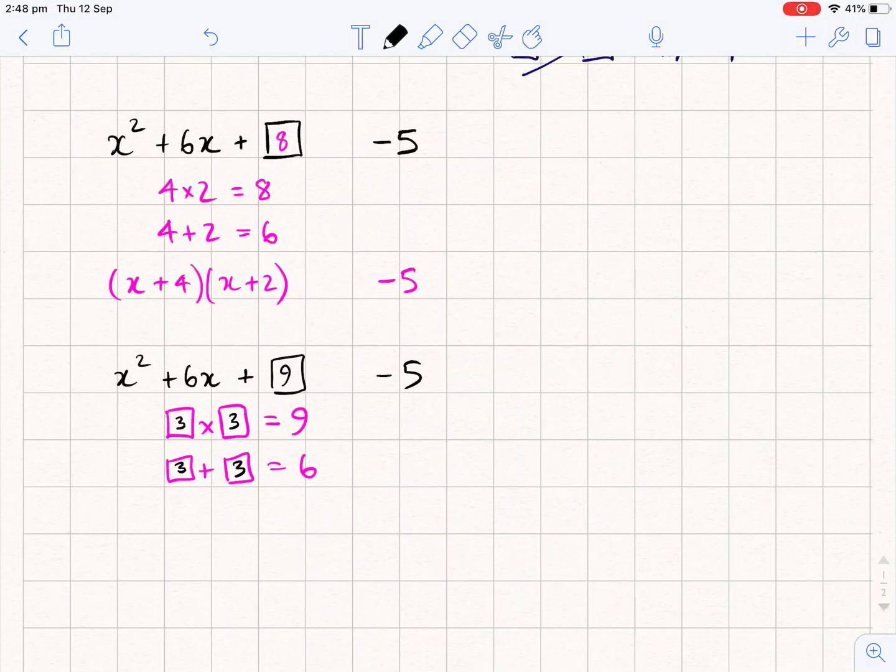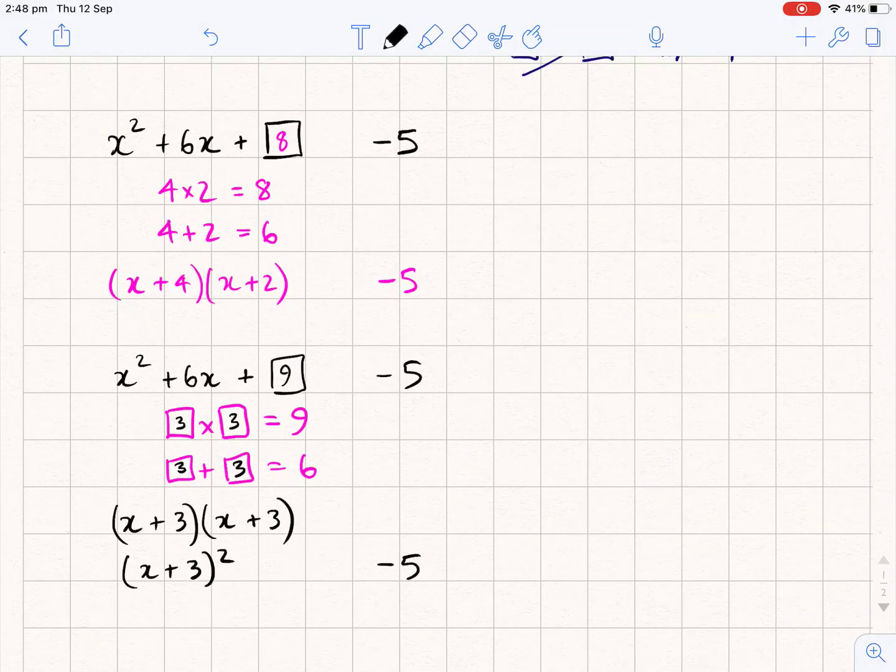The reason this is useful is because my factorisation doesn't end up with two different brackets. In fact, I have exactly the same bracket, so I can write it like this.